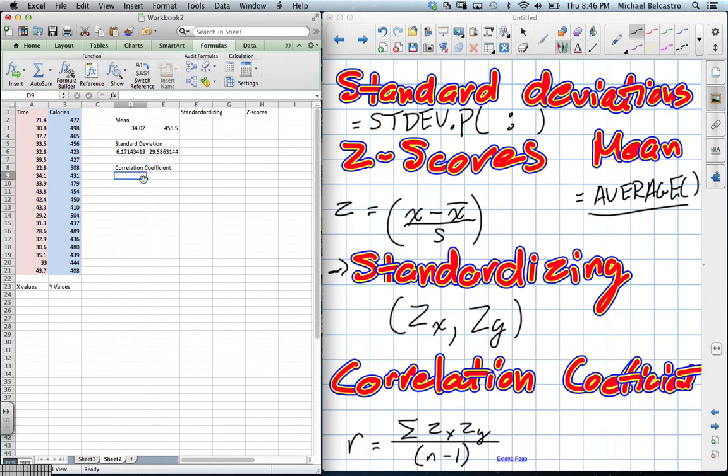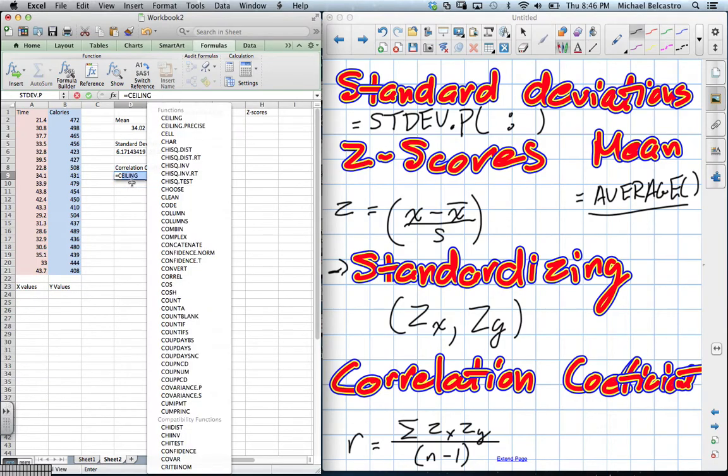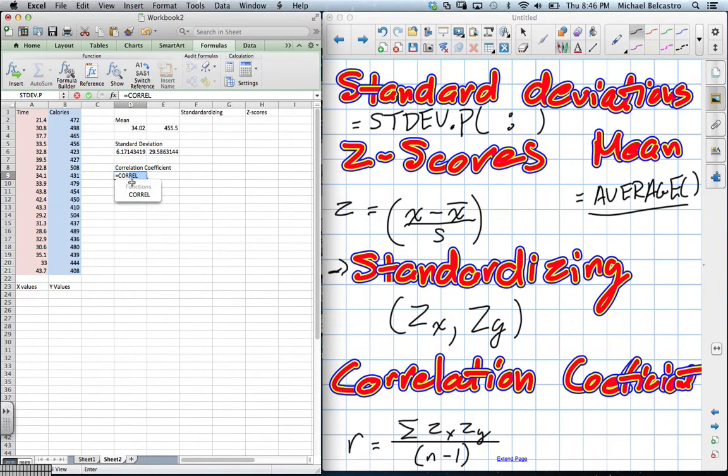Correlation coefficient we can actually do really quickly. Okay, correlation coefficient equals CORREL. CORREL is what we're looking for, and it says array 1 and array 2. In other words, you have to get in a whole array of numbers. Remember, because it knows it has to divide two terms for correlation coefficient.